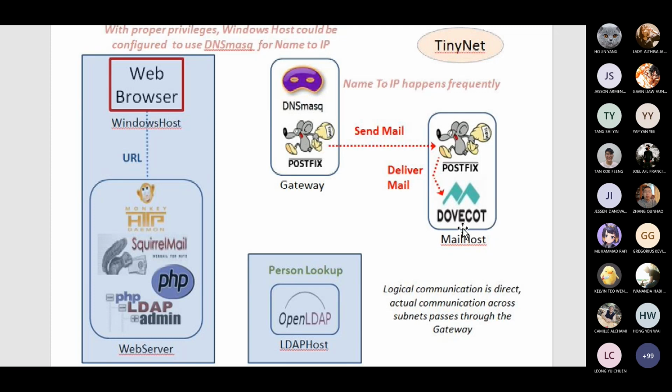Again, when we use Squirrel Mail, we'll be able to see all the messages in our inbox. And eventually, we'll be able to connect Squirrel Mail to the LDAP server, so we have a proper address book. That is the fundamental architecture of all of our enterprise systems in these modern times.